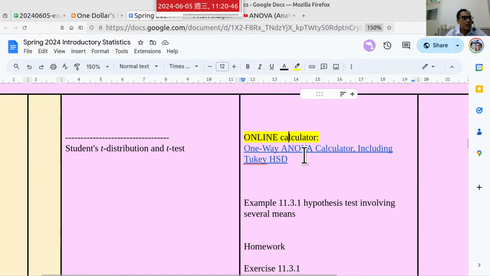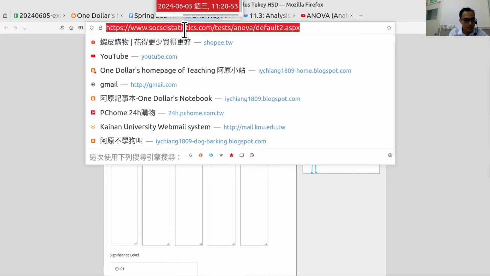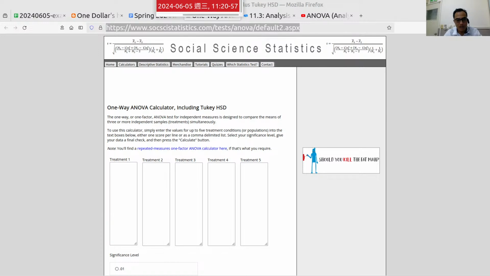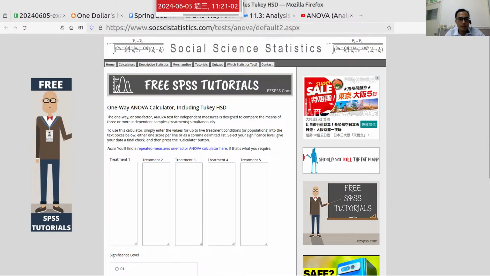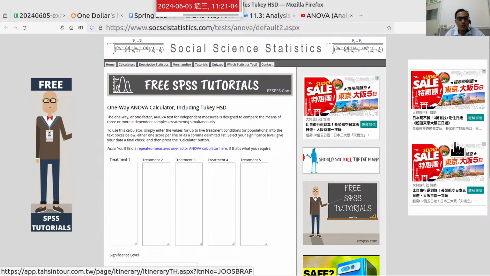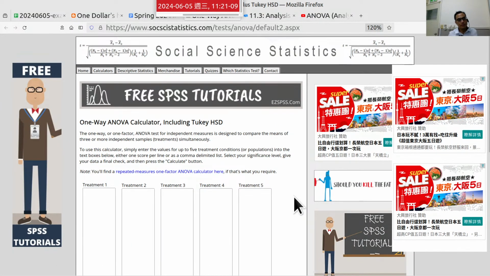There is an online calculator, one-way ANOVA calculator. I copy, paste to our night group. Do it like this. Can you move to this one first? Get this website? Okay, again.